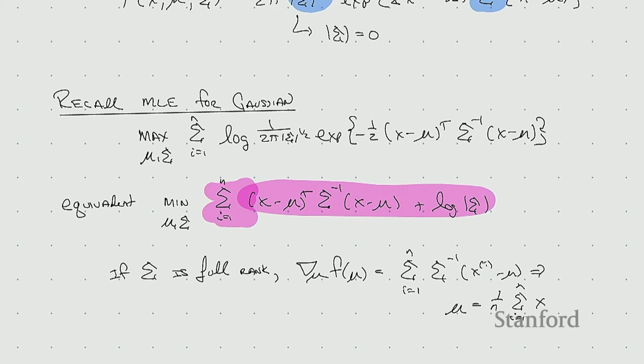So I apologize if this is too pedantic. If not, what I'm saying here is this is a plugin. If we know, no matter what, that sigma is full rank, then I can use this estimate for mu.